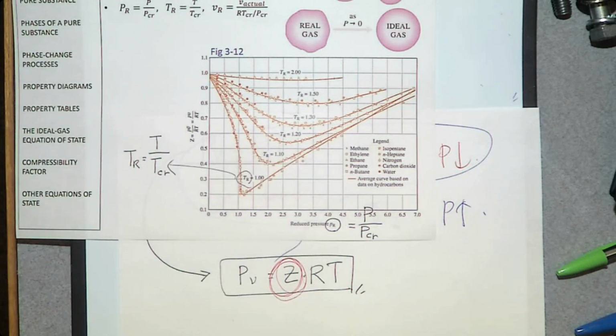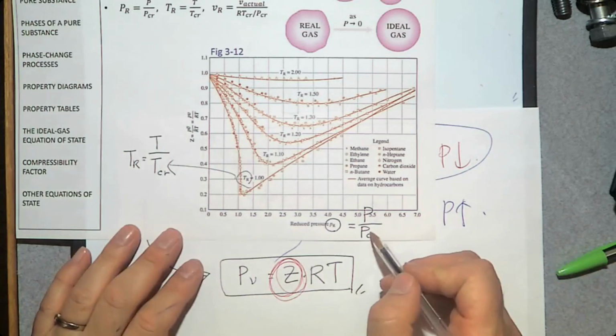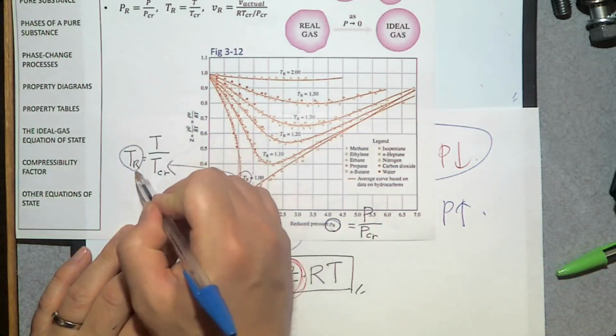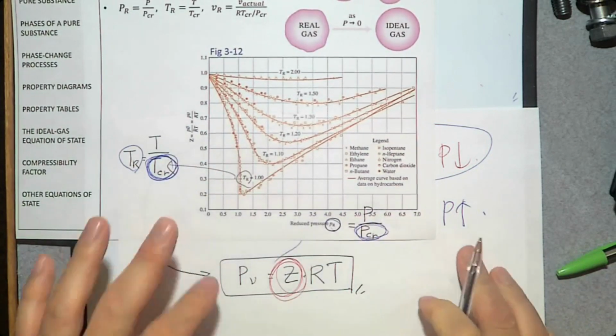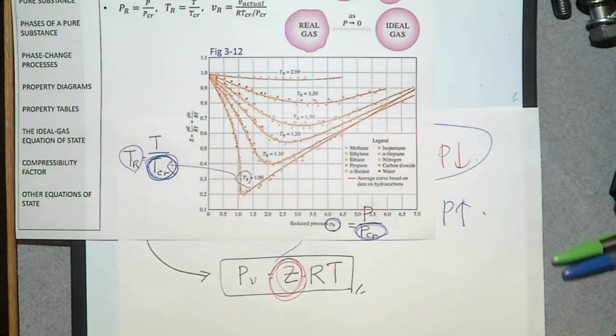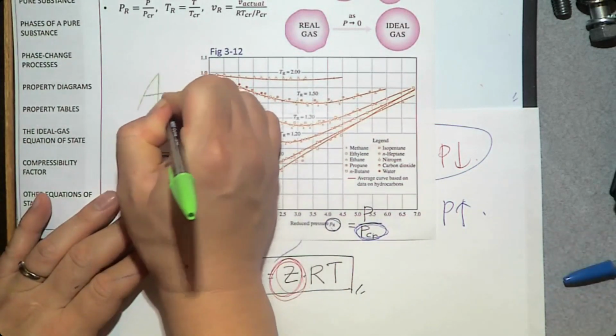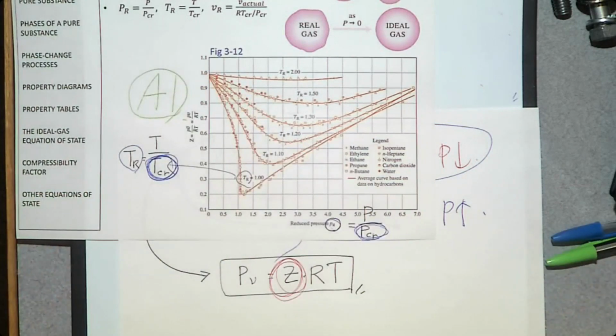So if you know T_R and P_R, you can find the compressibility factor Z, which is this vertical axis. Then to determine P_R and T_R, we need to know the critical temperature and critical pressure. Where can we find these two properties? From table A1.